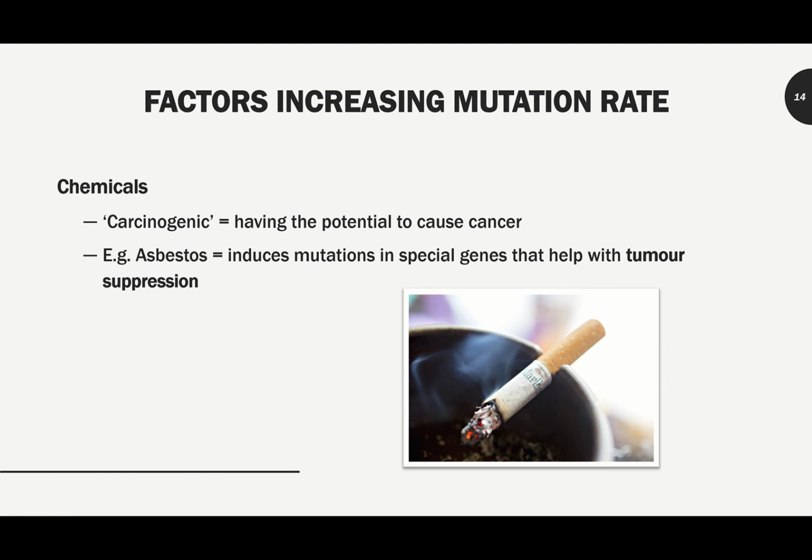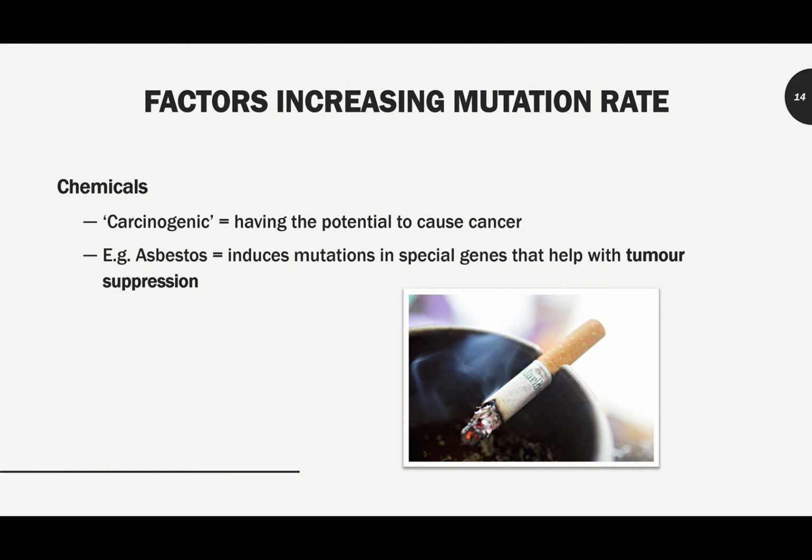And another factor that increases mutation rate is chemicals. There's a word for it called carcinogenic, meaning having the potential to cause cancer. I would say a cigarette is carcinogenic. Some drugs could be carcinogenic. UV rays could be carcinogenic. But anyways, let's move on. Asbestos.